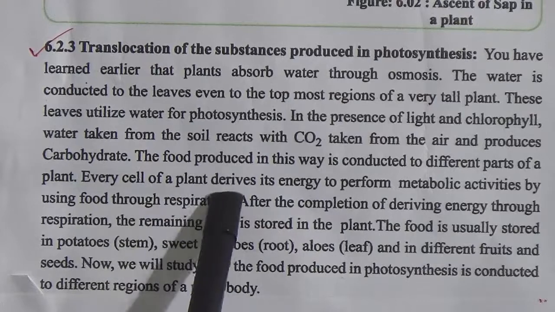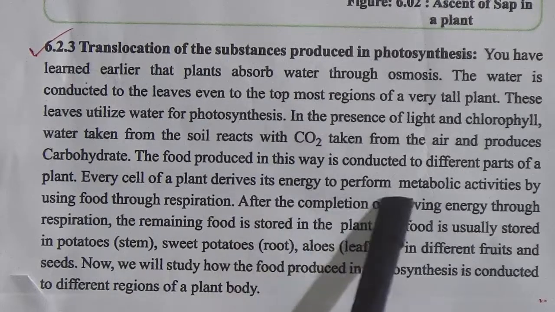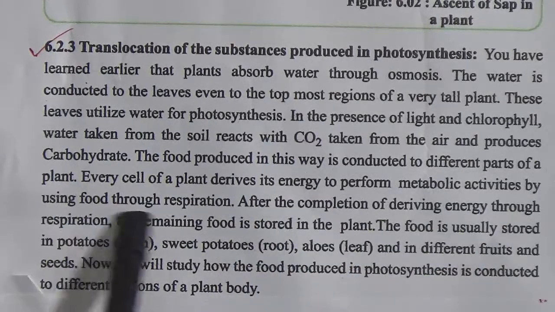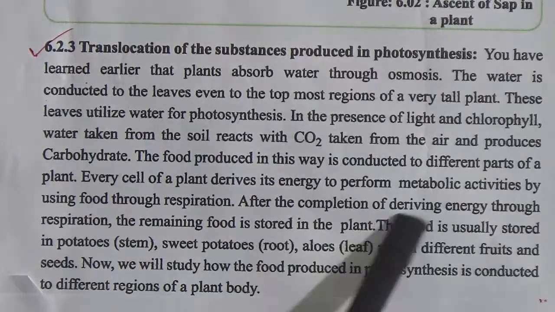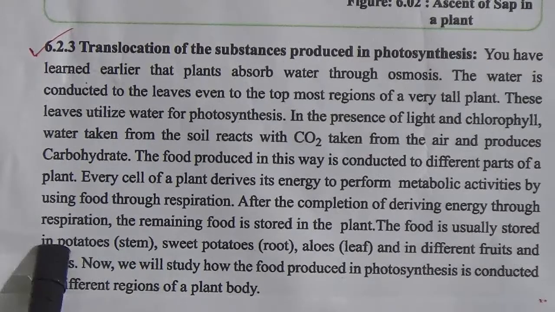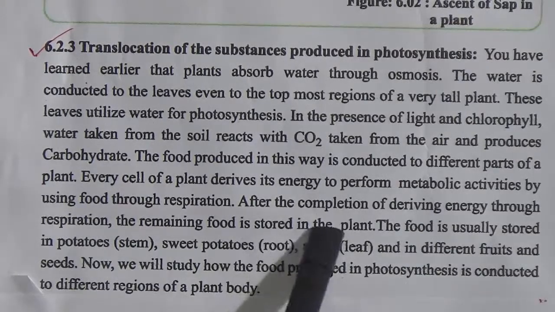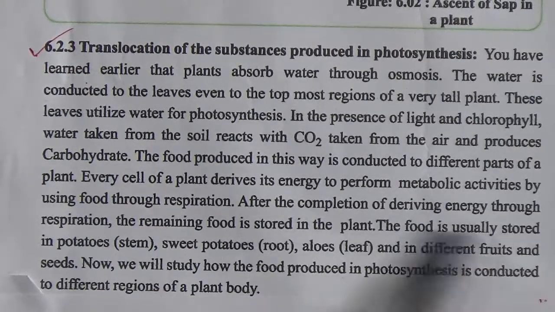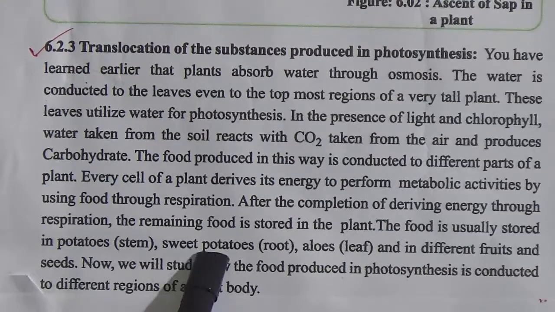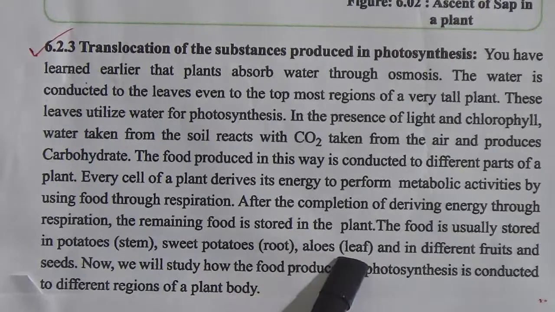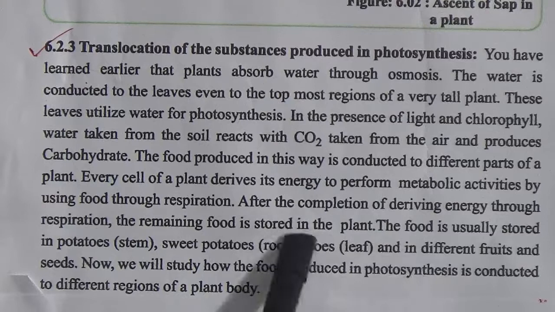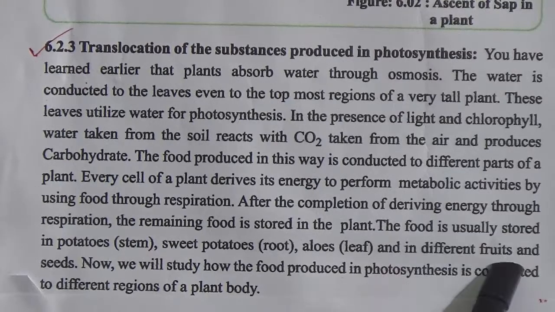Every cell of plants derives its energy to perform metabolic activity by using food through respiration. After the completion of deriving energy through respiration, the remaining food is stored in the plant. The food is usually stored in potatoes, that means in stems, sweet potatoes in roots, and aloes, that is leaf, the aloe vera in the leaves, and in different fruit seeds.